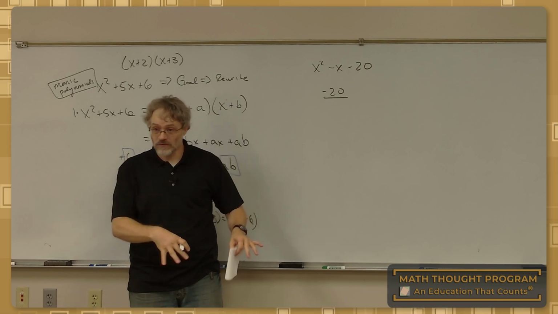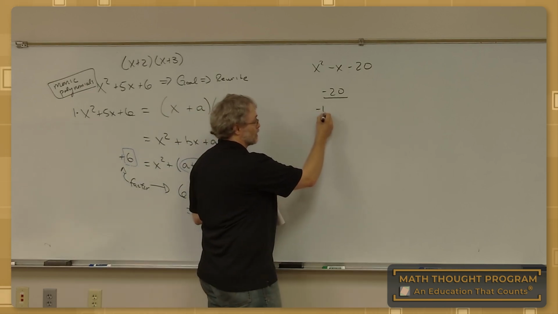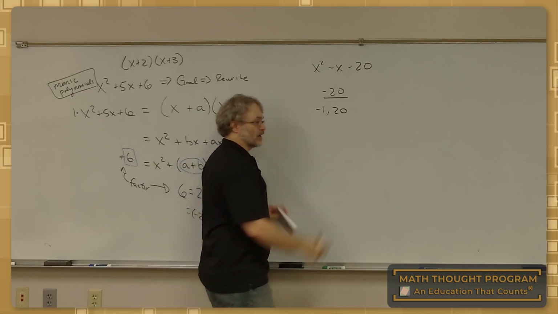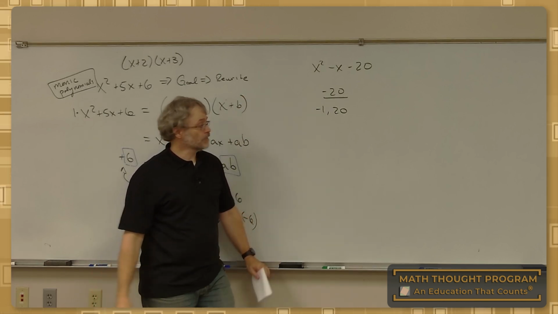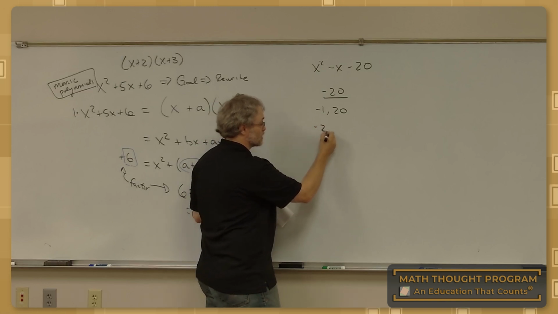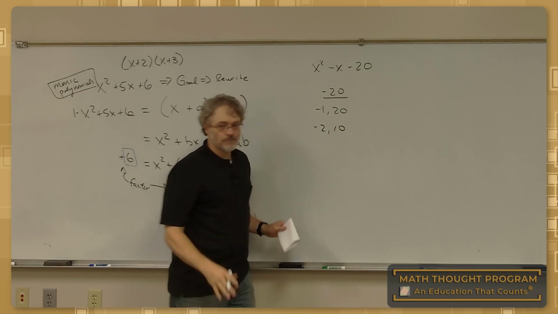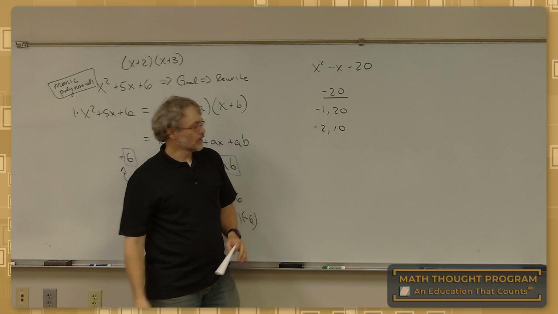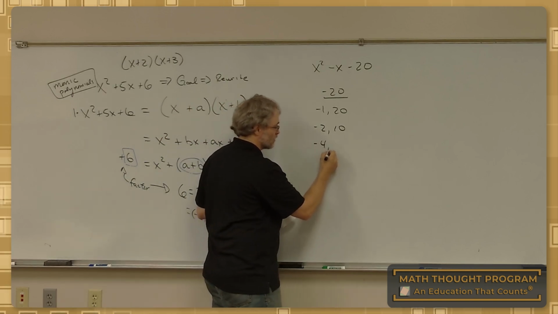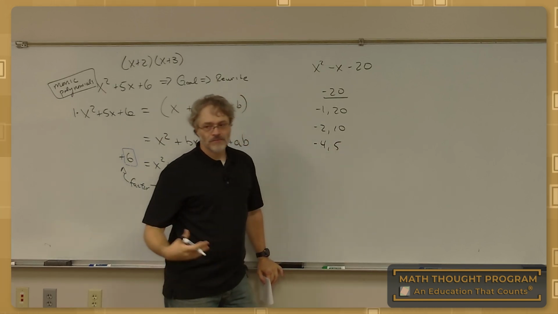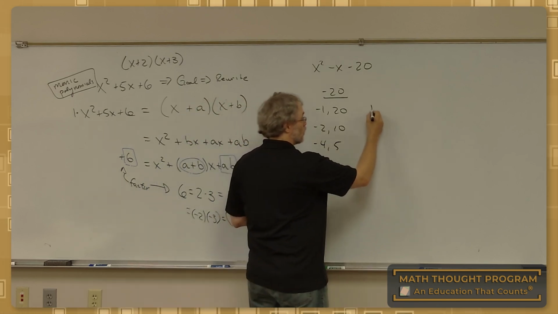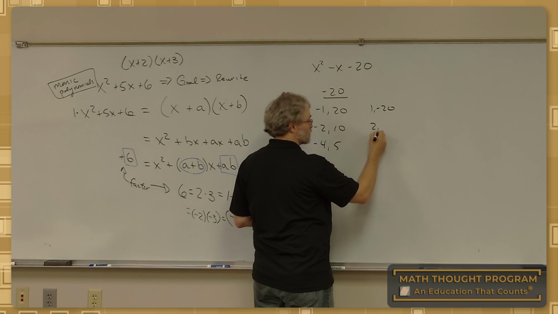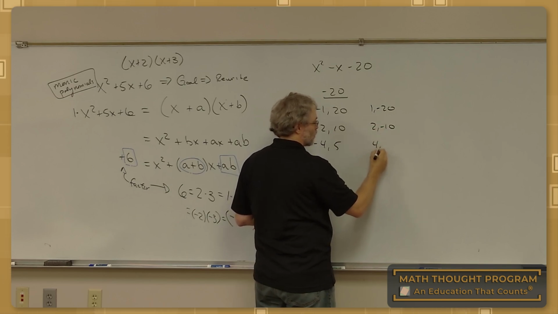So one way of how I can do this is to take a -1 times 20. That would work. Another way is -2 and 10. That would also work. -4 and 5. That would also work. But I can also say 1 and -20, or 2 and -10, and 4 and -5.